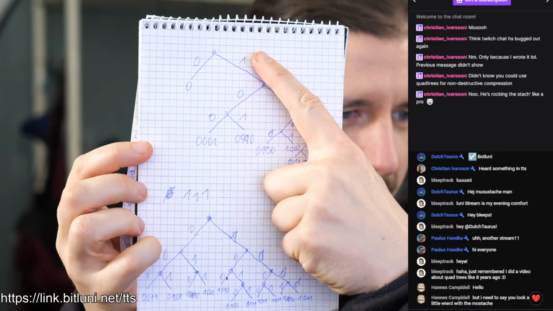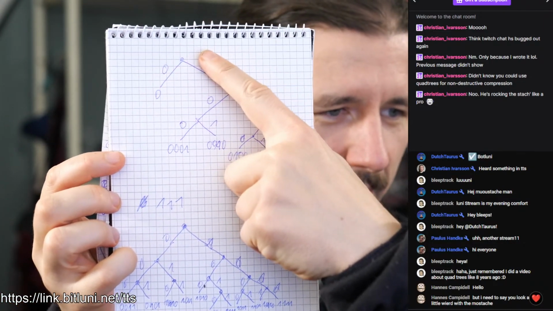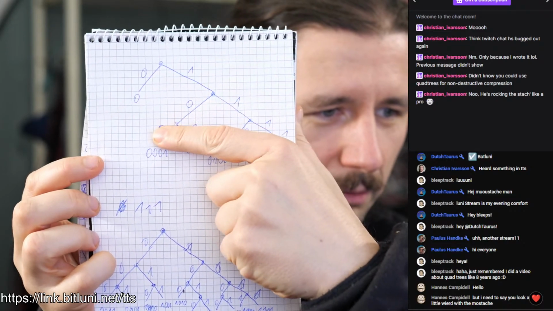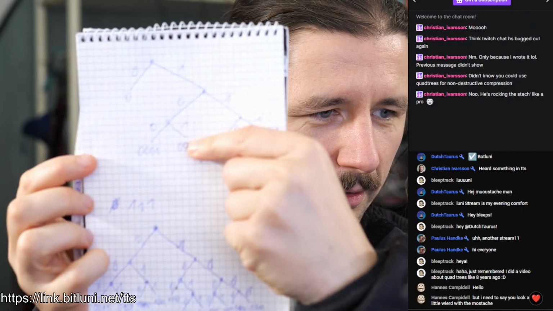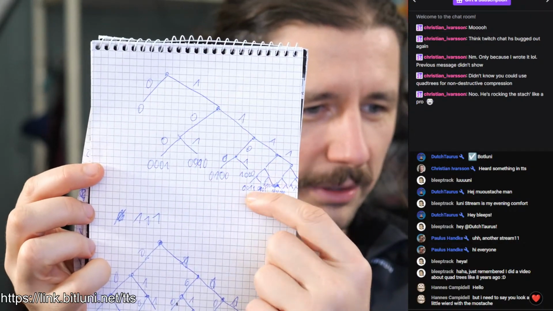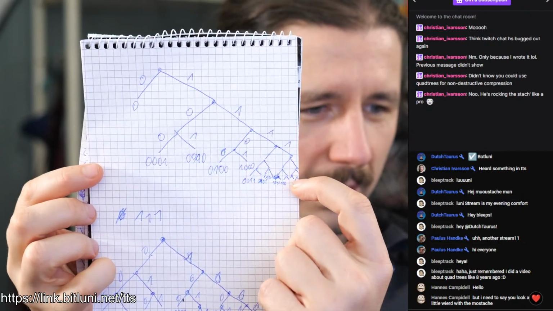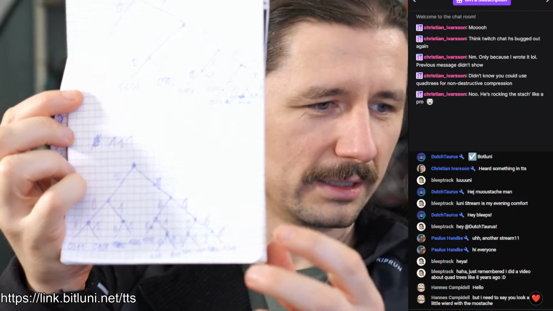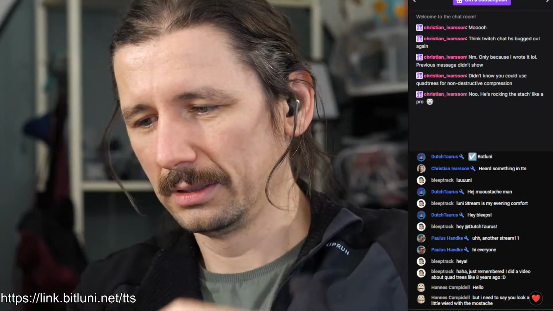Here we go. So 0 is always 1 bit, and we have 1, 0, 0 is this set of pixels, and so on. And then it gets deeper and deeper, and then it equalizes somewhere here, which I tried to redraw again.